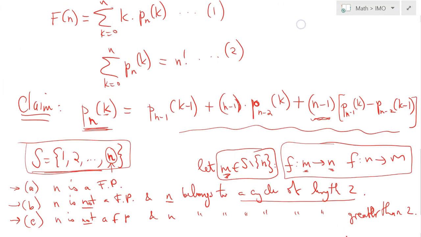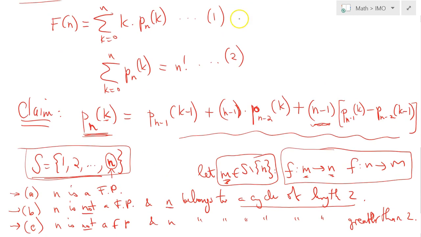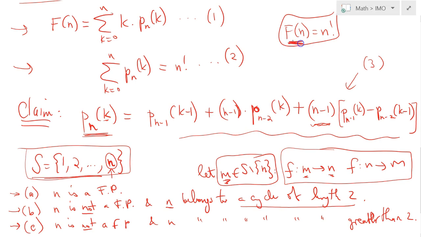But then, going back to our result, to conclude the proof, remember we were given equations 1 and 2, and now we also know this recursion, which we can call number 3. Remember our goal was to show that f of n is equal to n factorial, the number of fixed points in all permutations.